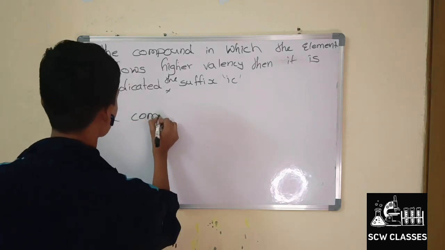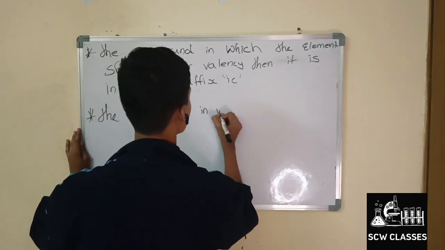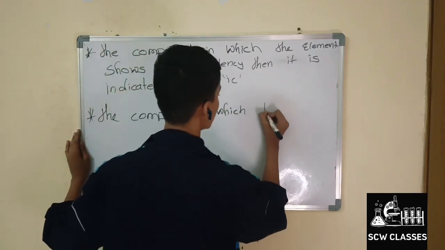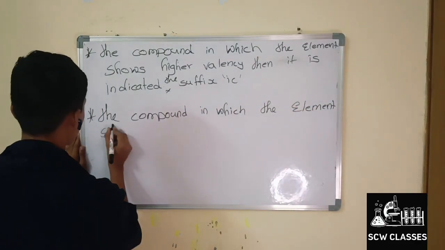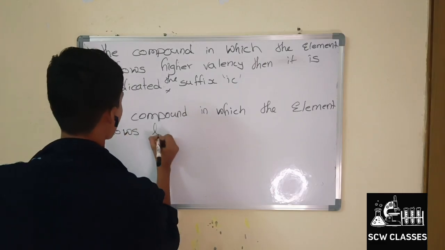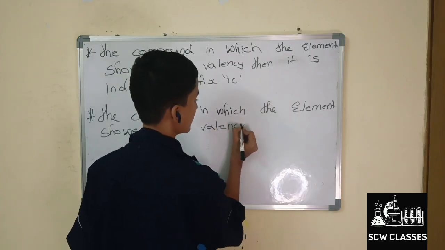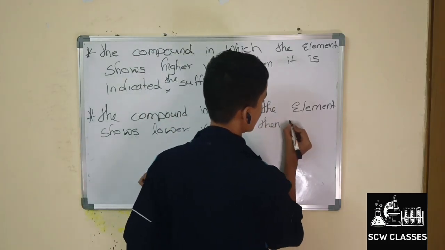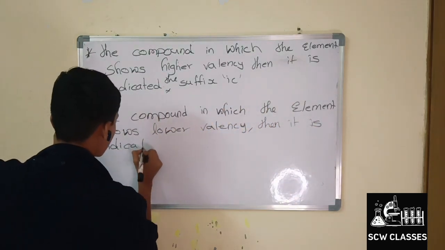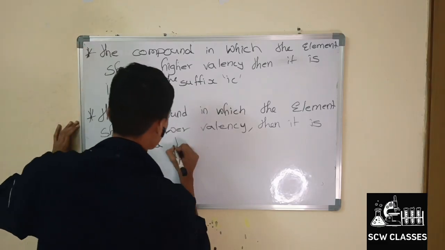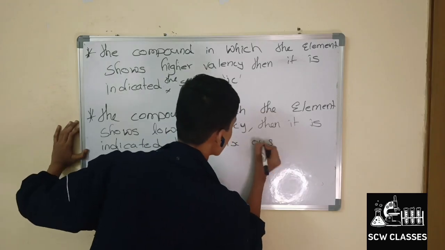Write it. The compound in which the element shows lower valency is indicated by the suffix -OUS.